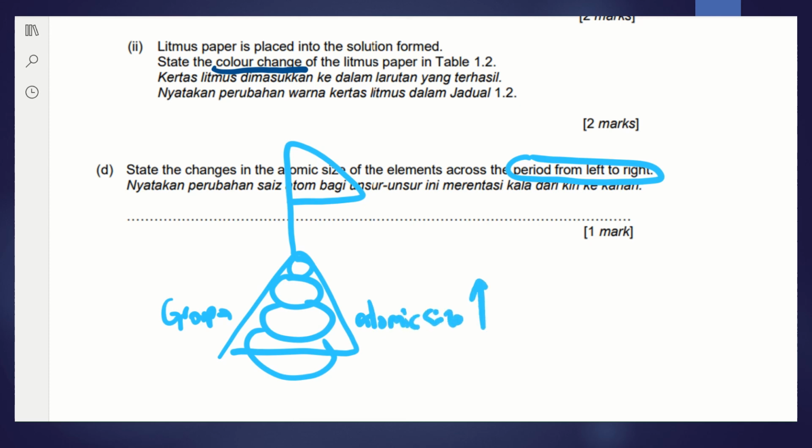The period refers to the flag. For the period, from left to right, the atomic size becomes smaller. So state the changes in the atomic size: atomic size decreases.